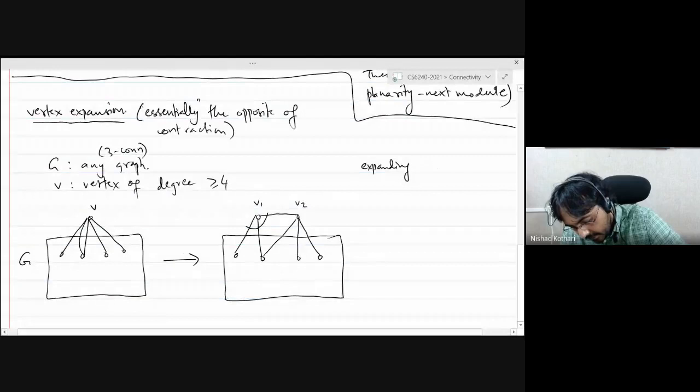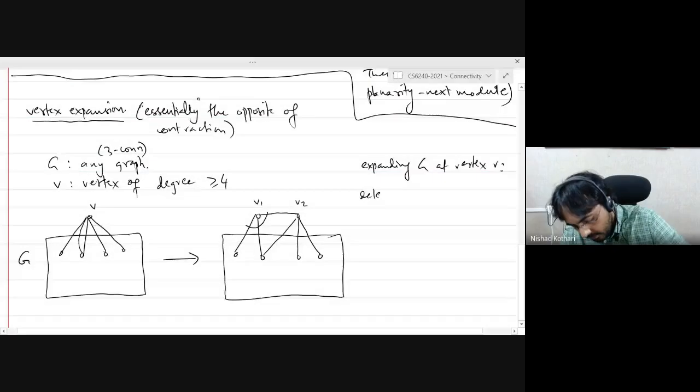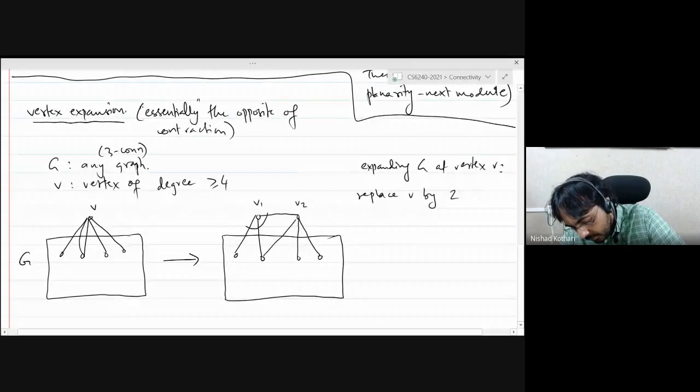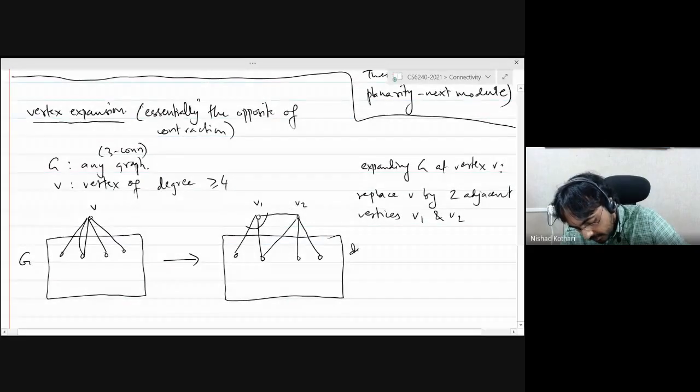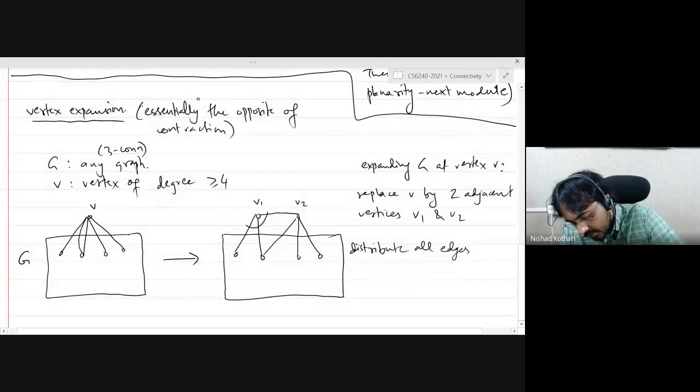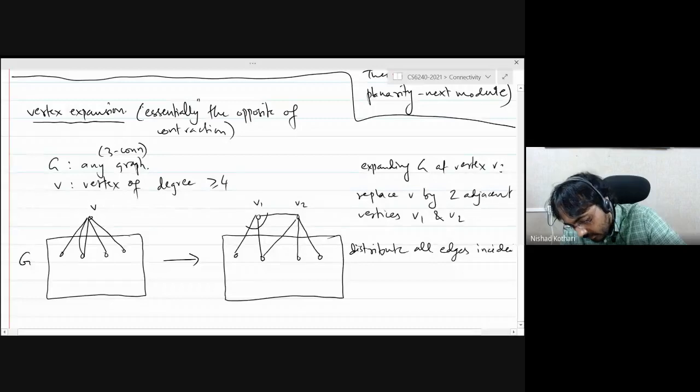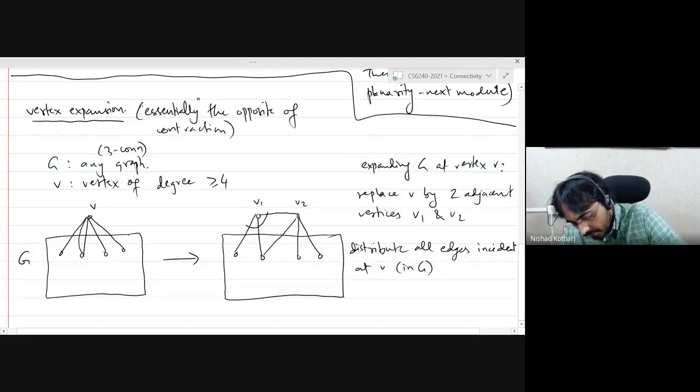So expanding the graph G at vertex V means replace V by two adjacent vertices V1 and V2, and distribute all edges incident at V in the previous graph G to V1 and V2.